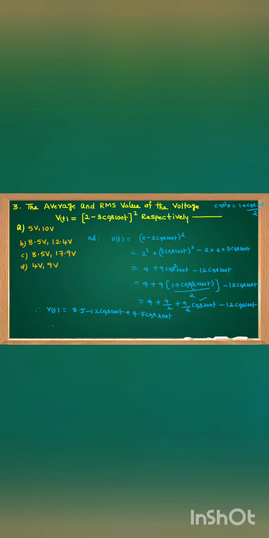What is the average? The constant indicates the average. Average is equal to 8.5. What is the RMS? RMS equals the square root of 8.5² plus (12/√2)², since the frequencies 100 and 200 are unequal, plus (4.5/√2)².